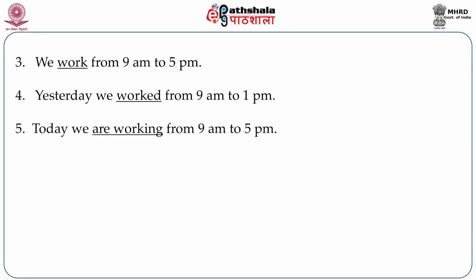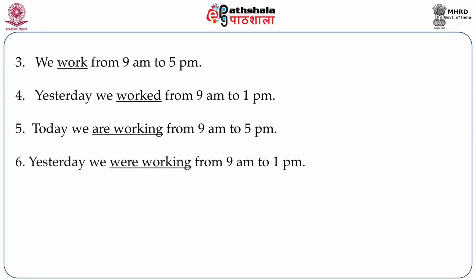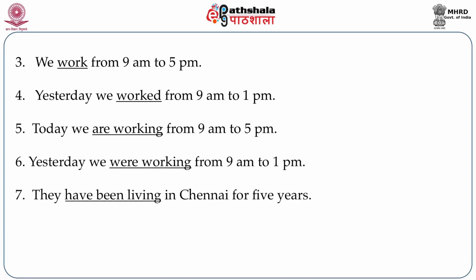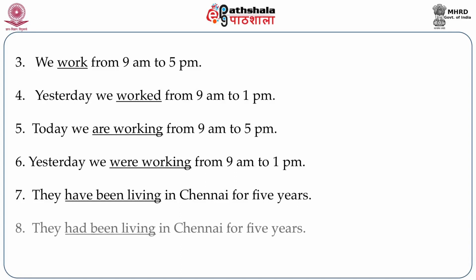Look at the screen now. You have 4 examples there, 5, 6, 7 and 8. In 5 we have today we are working from 9 a.m. to 5 p.m. In 6 we have we are working from 9 a.m. to 1 p.m. In 7 we have they have been living in Chennai for 5 years, and in 8 they had been living in Chennai for 5 years.